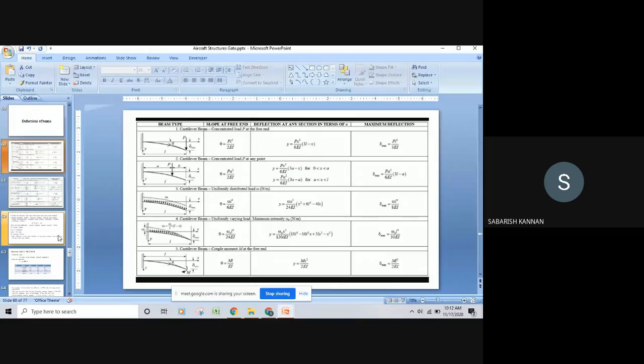Likewise, here we follow the equation EI d square y divided by dx square equal to M. This is our basic differential equation of deflection. Here E is Young's modulus, I is the moment of inertia. We combine these two and call it flexural rigidity. So flexural rigidity is nothing but EI.